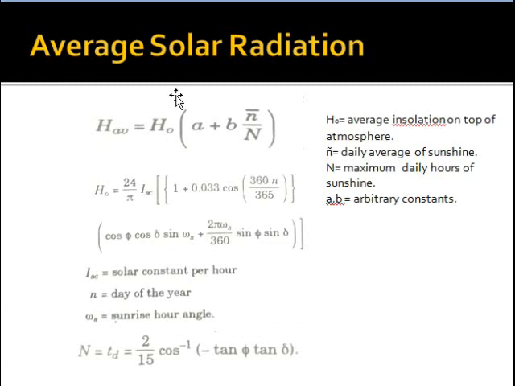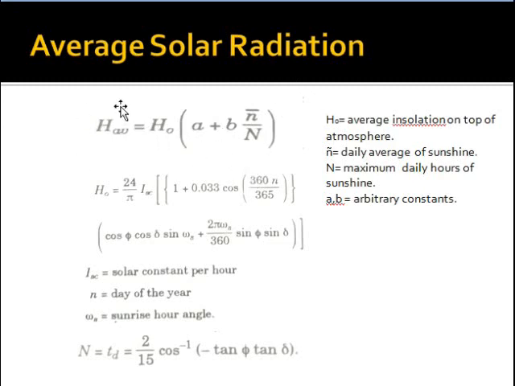Next we can see how we can get the average solar radiation data. How is solar radiation data averaged? It can be done using these equations, and based on these equations we will solve one problem on averaging solar radiation. Here is the equation.